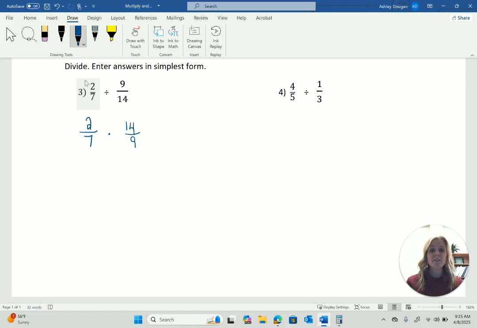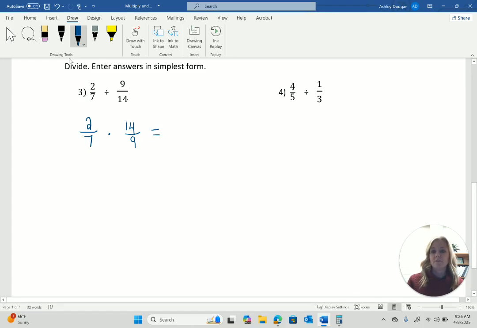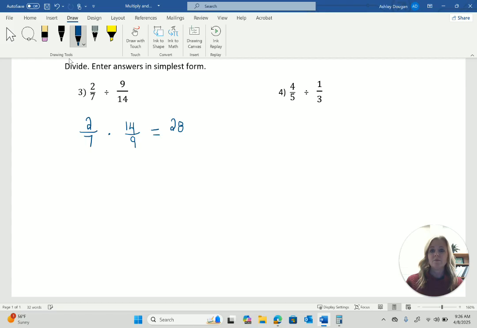So in this example, we could simplify the 7 and the 14, but we couldn't do anything with the 2 and the 9 because they don't have any factors in common. But we're going to go straight across and multiply. So I'm going to get 28 when I say 7 or 14 times 2, and then 7 times 9 is 63. So I have 28 over 63.